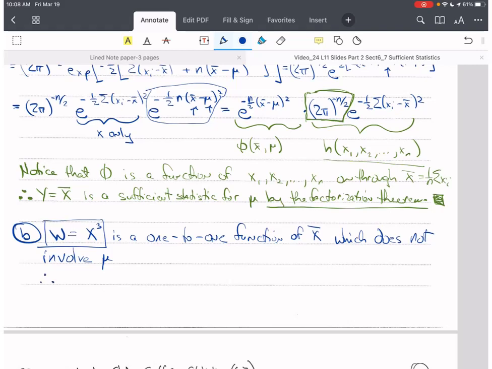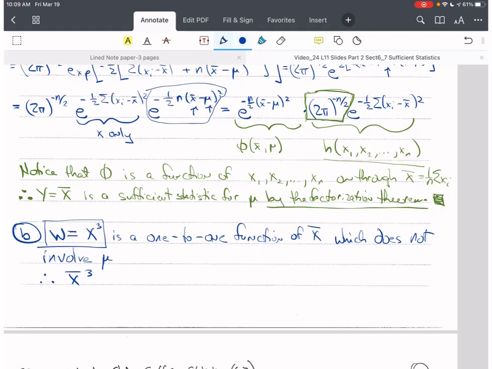Therefore, x bar cubed. Now, I can't use x bar squared because x bar squared is not a one-to-one function. It's a two-to-one function. But any odd power, I could have chosen any odd power to raise it to. It could have been x cubed, x to the fifth, x to the seventh, etc. Those are all going to be sufficient statistics for mu.